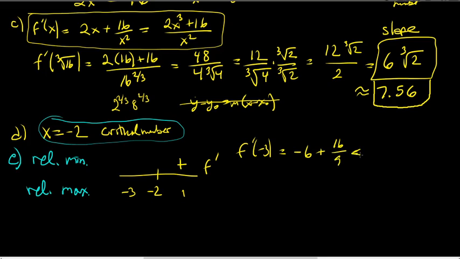Well, I can tell that's negative, right? 16 divided by 9 isn't even 2, so negative 6 plus 2 is negative 4. So it's probably a little bit less than negative 4, but that's fine. It's negative. So, right, if you're going from a negative to a positive, it means you have a minimum. So we have a relative minimum at negative 2.